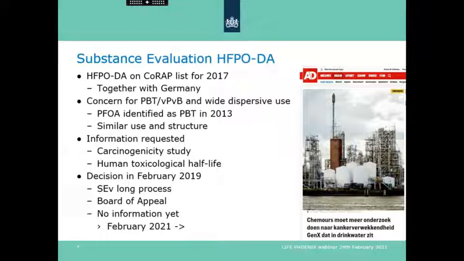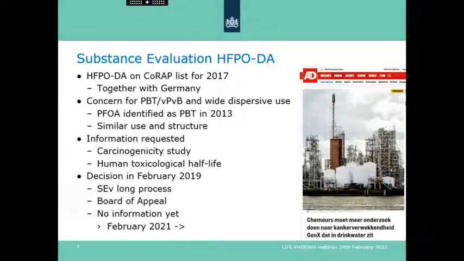And GenX had similar use and also structural similarities to PFOA. And then, later on, we noted the high concentrations in water in the Netherlands of this chemical, and so the substance evaluation became even more important for the Dutch government.